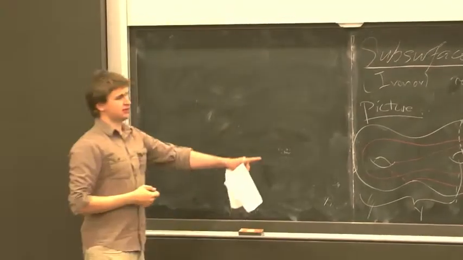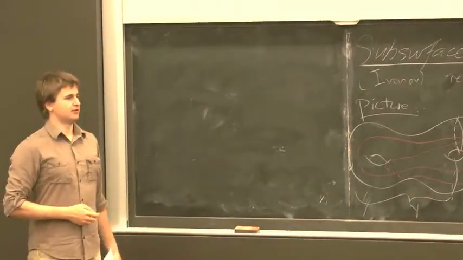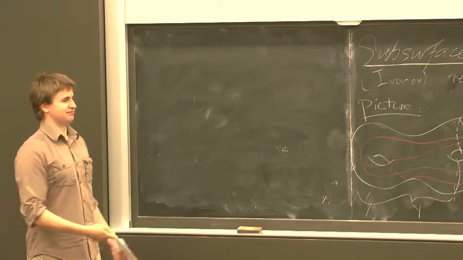So this is called the bounded geodesic image theorem. Take a geodesic and you project it to the subsurface.